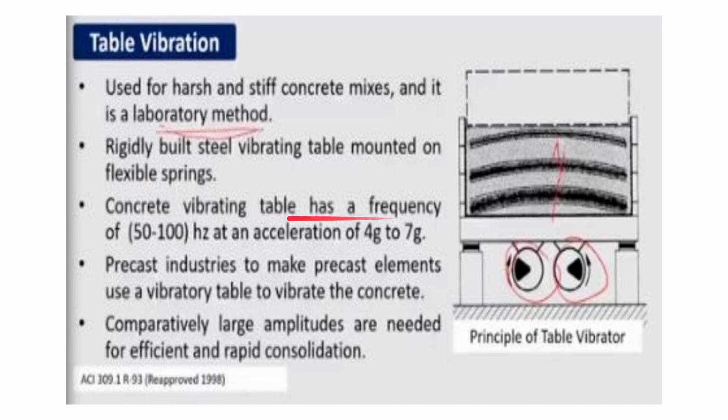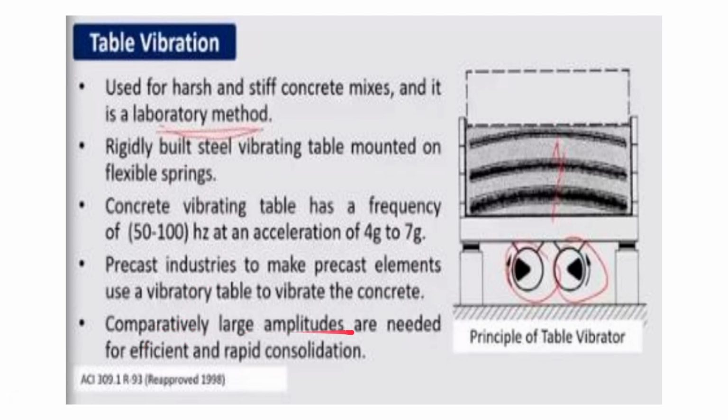Concrete vibrating table has a frequency of 50 to 100 Hz at an acceleration of 4G to 7G. Precast industries use a vibratory table to vibrate the concrete to make precast elements. So it can be used in precast industries.